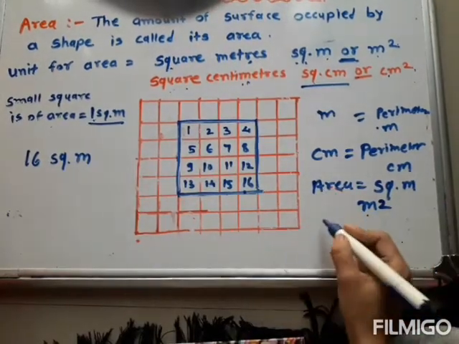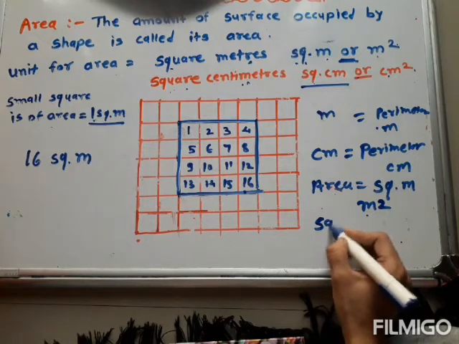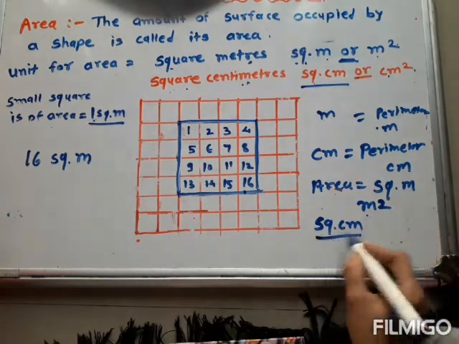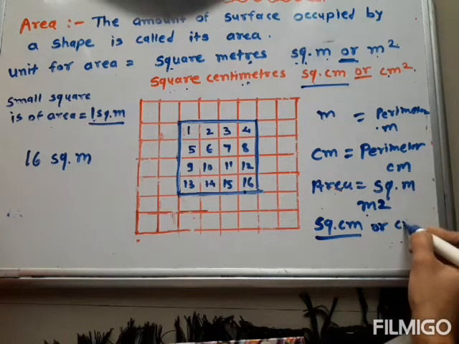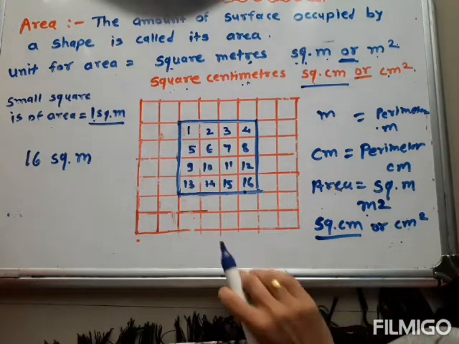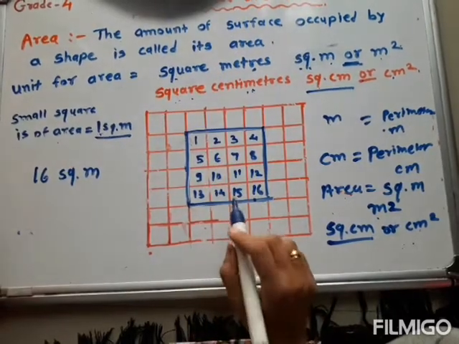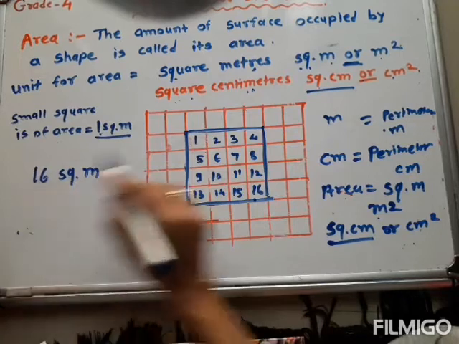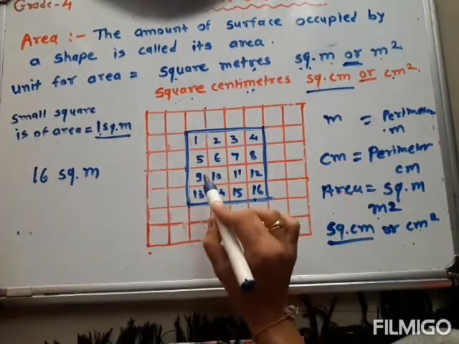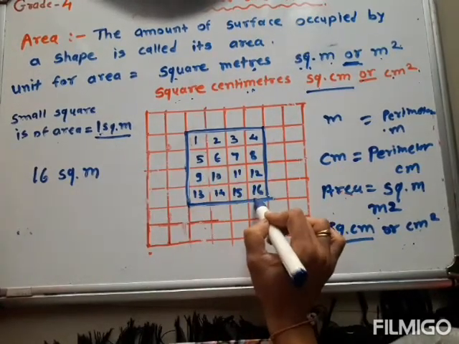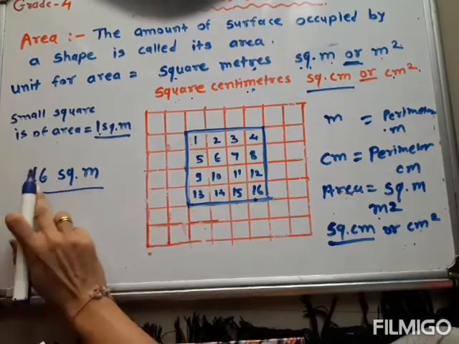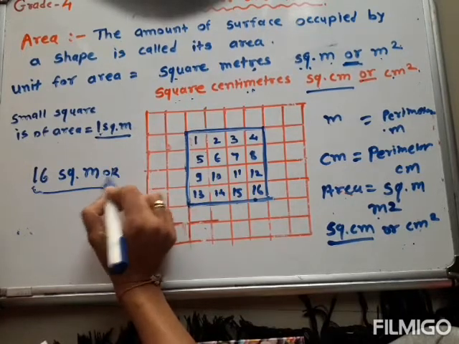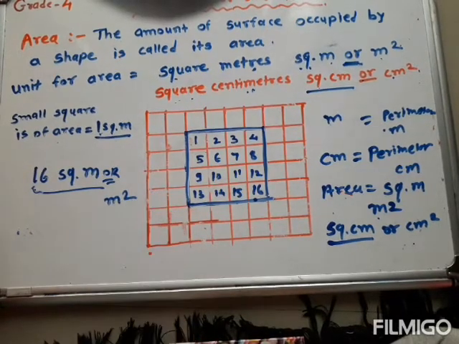If the area is given in square centimeters, you write square centimeter or centimeter square. So remember the unit of area. What is the area of this figure? We get 16 small squares, so the area of this figure is 16 square meter or meter square.